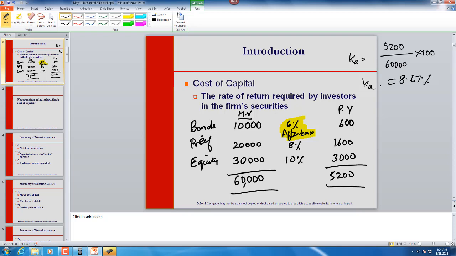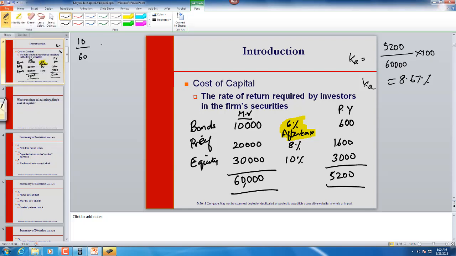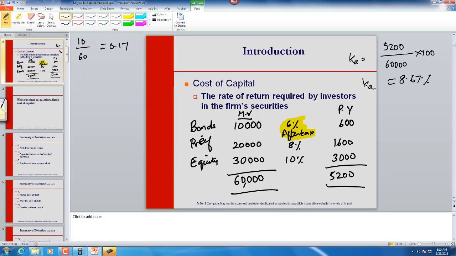The weight of bonds would be 10,000 divided by 60,000, which is 10 divided by 60, or 0.17. Then the weight of preferred would be 20,000 divided by 60,000, which is 0.33, and the weight of equity would be 30,000 divided by 60,000, which is 0.5.